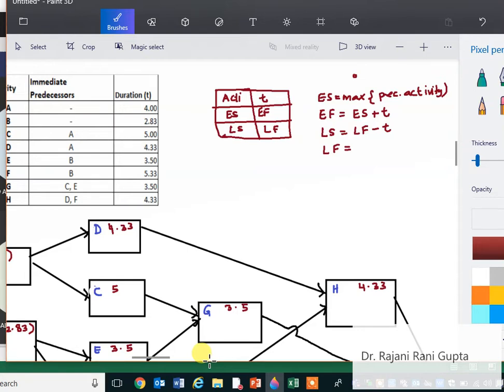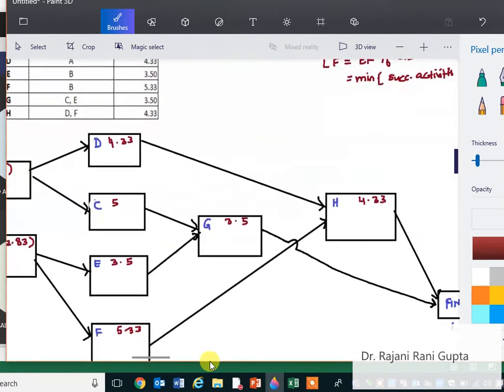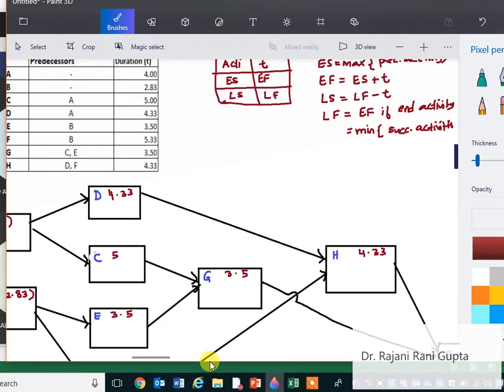You can say it is the early finish if it's the end activity, means if it is the last activity, or it is defined as the minimum of the late starts of all the succeeding activities. Okay, so this is how we define it. It is the same as what we have done in the critical path.